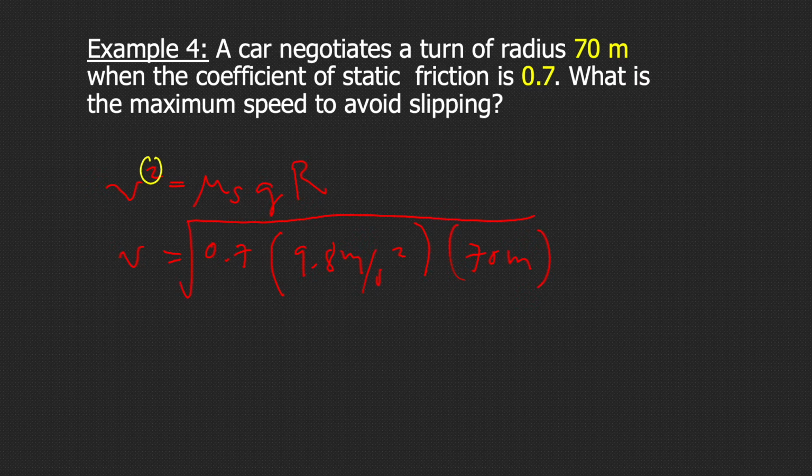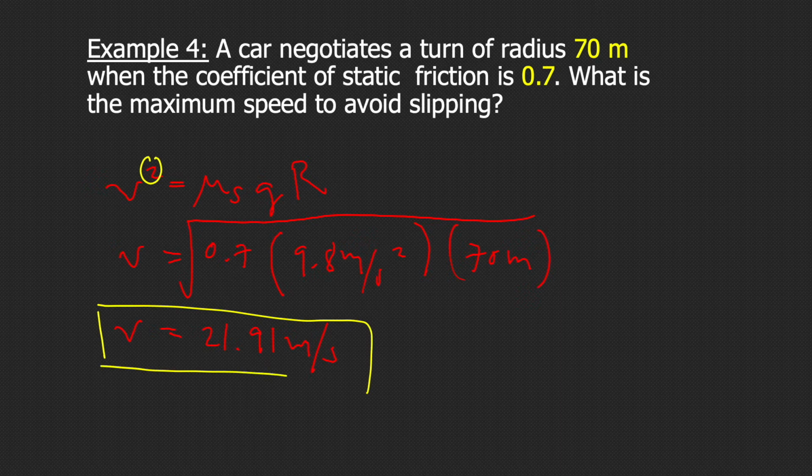So that's equal to 21.91 meters per second. So this is our v, or the velocity. Okay, the maximum speed to avoid slipping.